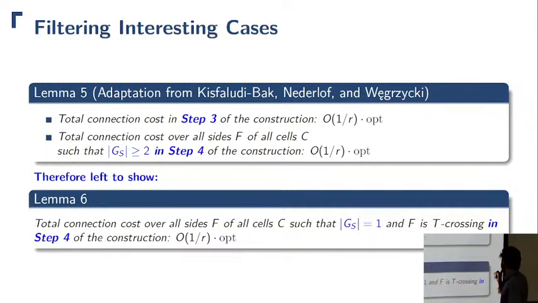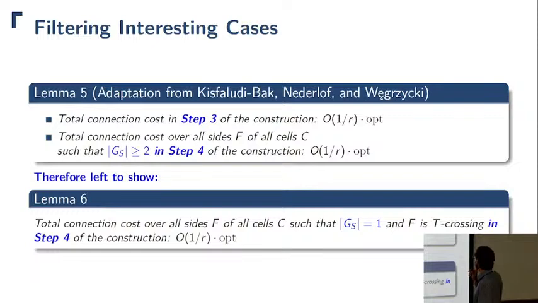So we see if F is a T crossing. I think the slide is not entirely correct. I mean, this is a correct statement, but that's not the only thing left to show.